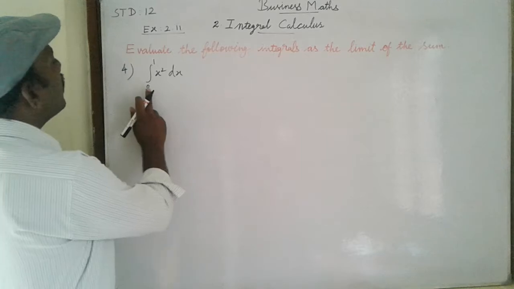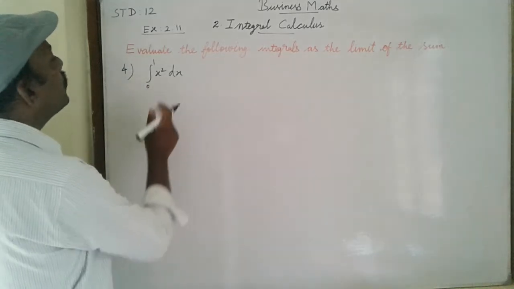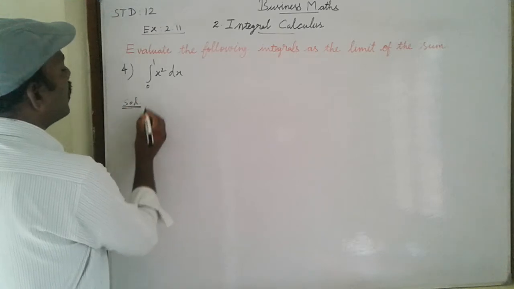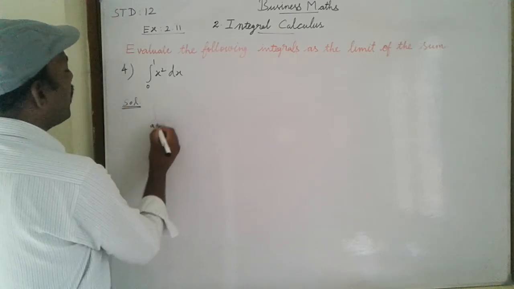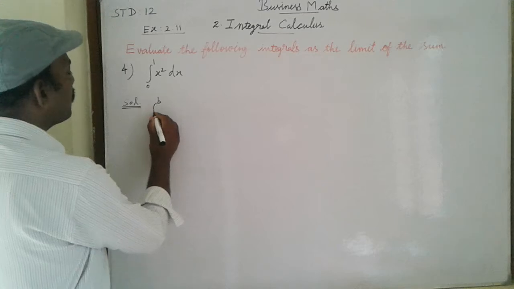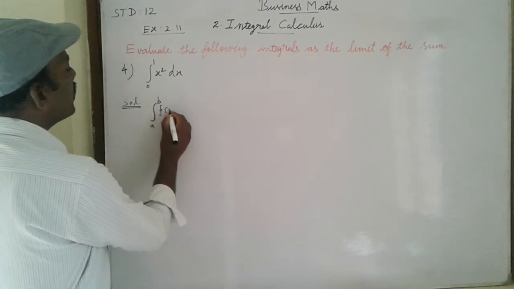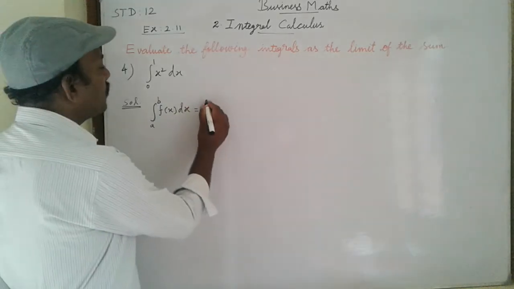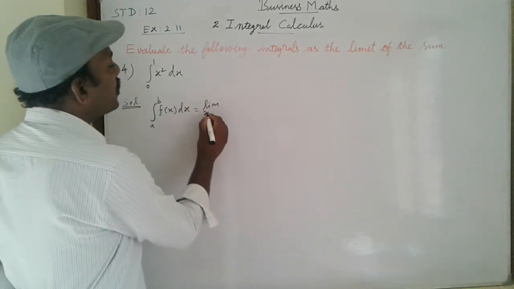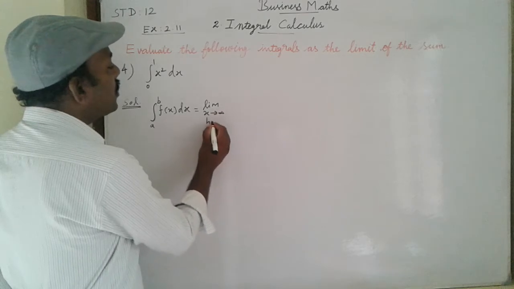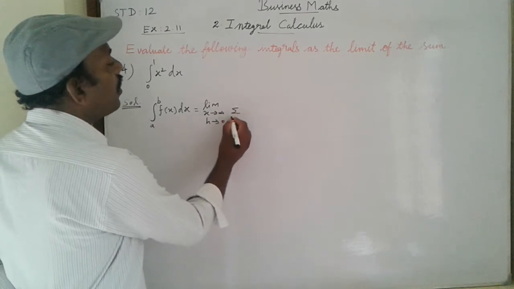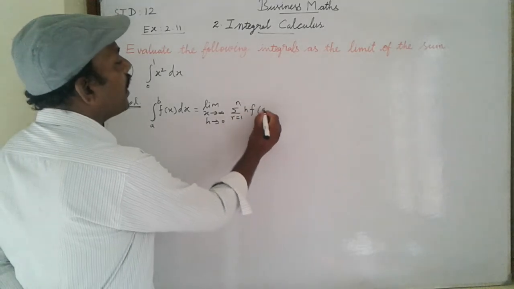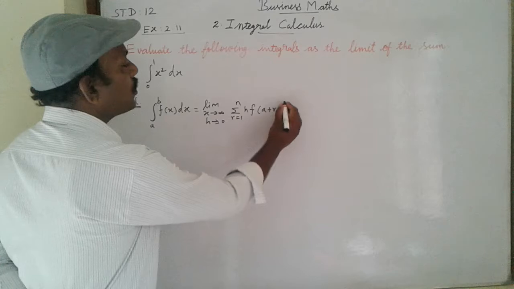Fourth sum. The integral from 0 to 1 of x square dx. Solution. We know the formula: the integral from a to b of f of x dx equals the limit as n tends to infinity, h tends to 0, sigma r equal to 1 to n of h into f of a plus rh.